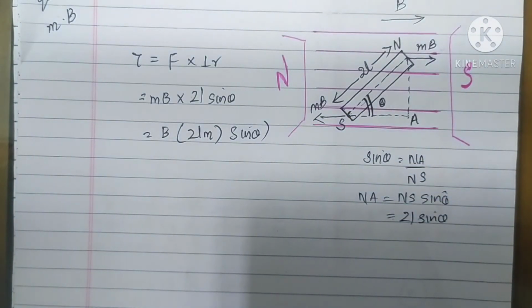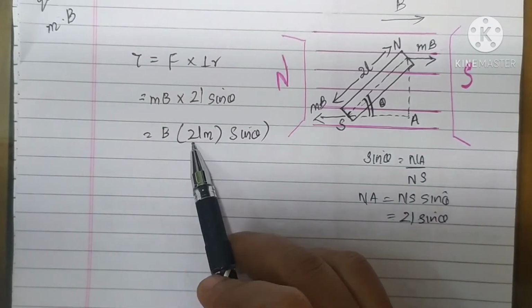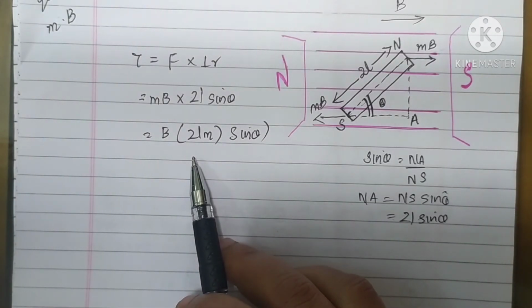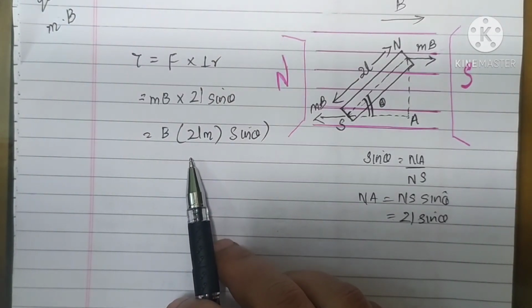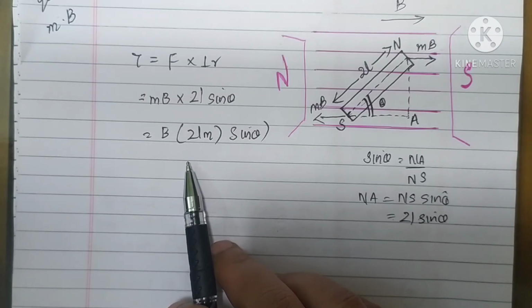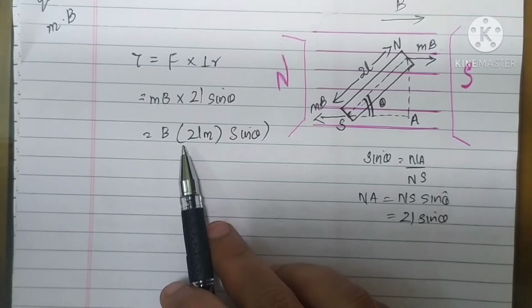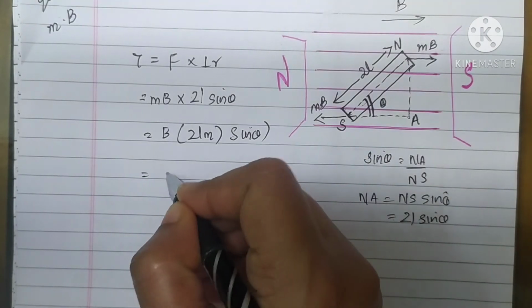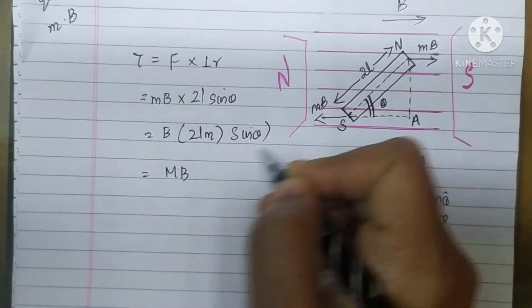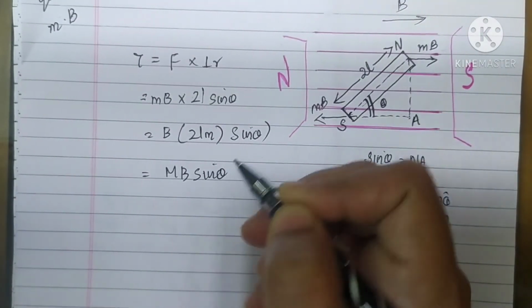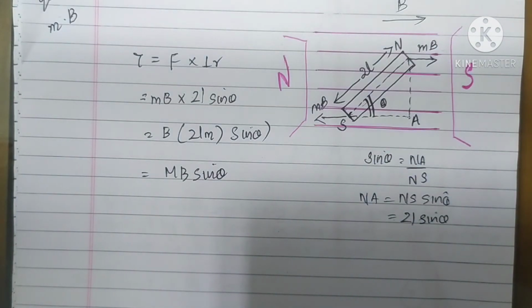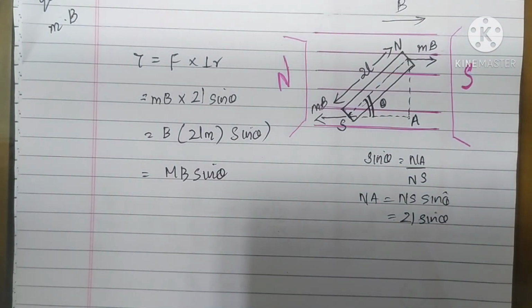What is this 2Lm, or m into 2L? Yes, it is capital M, which we call the moment, isn't it? So you can write MB sine theta.